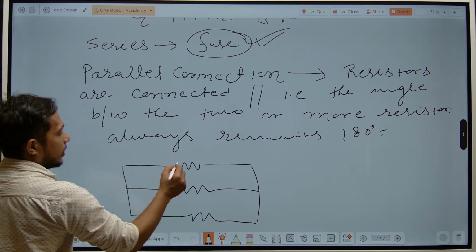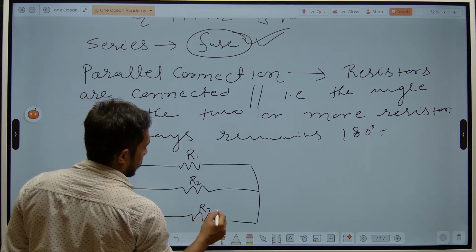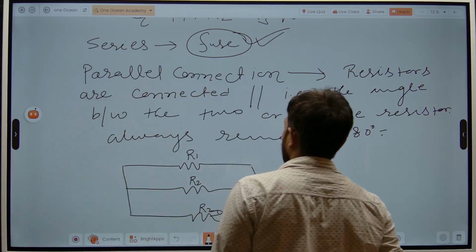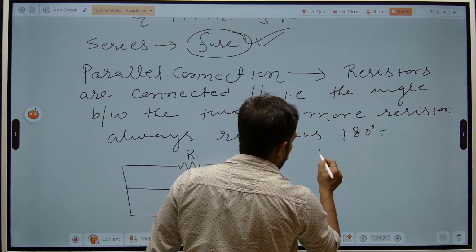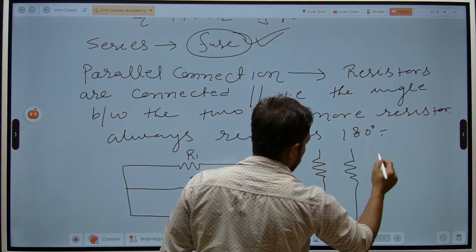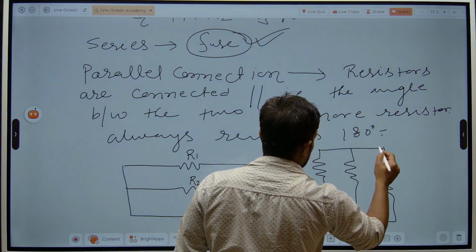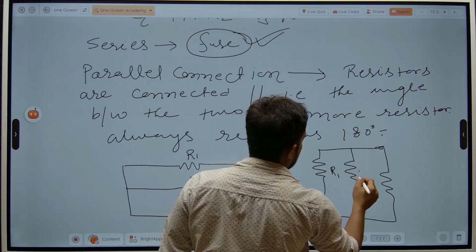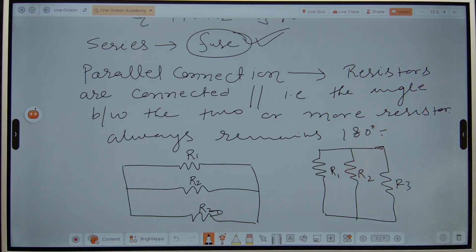Let us say this is R1, this is R2, this is R3, parallel connection, or you can also draw it longitudinally. So, this connection is also a what? Parallel connection, or you can draw the same thing at any angle, okay? It becomes what? Parallel connection.